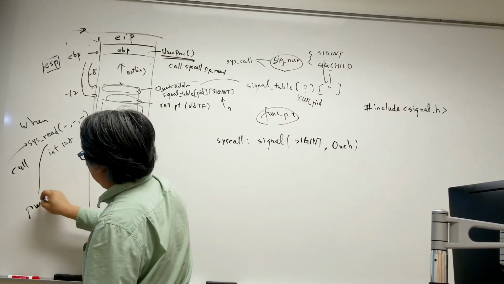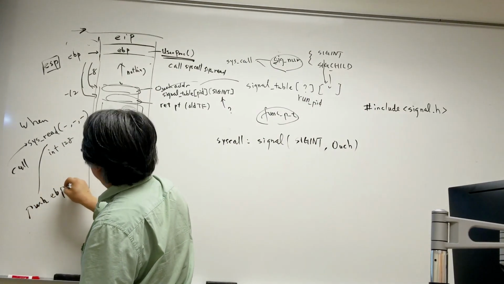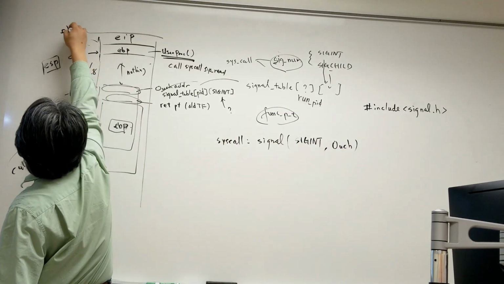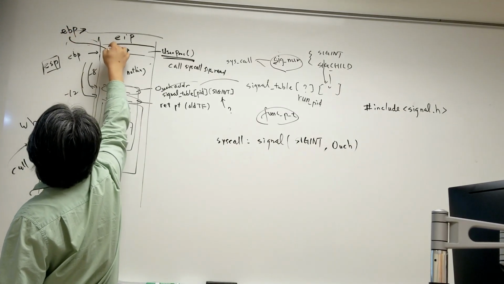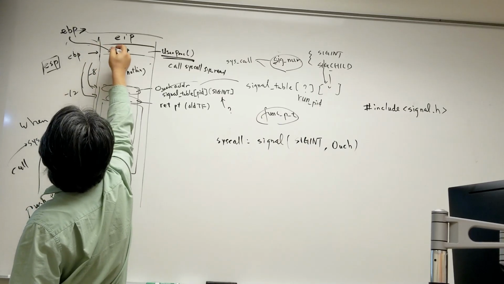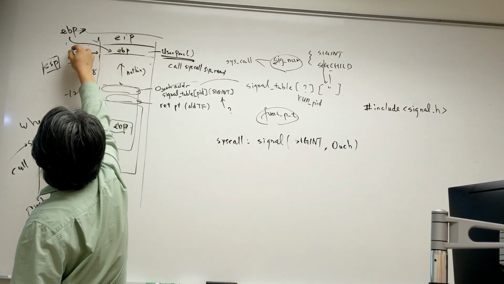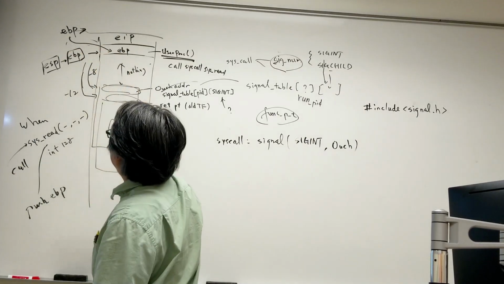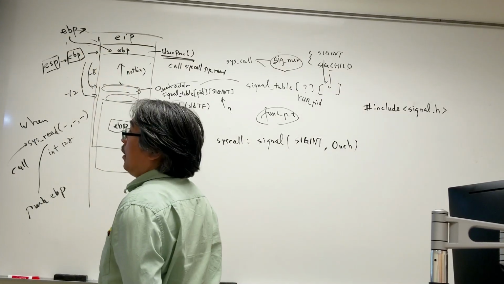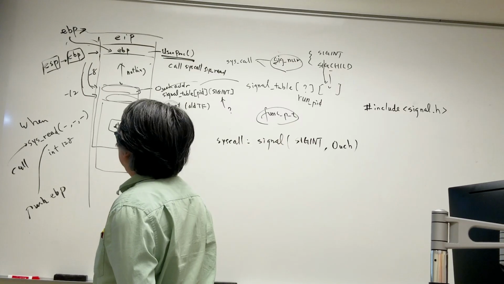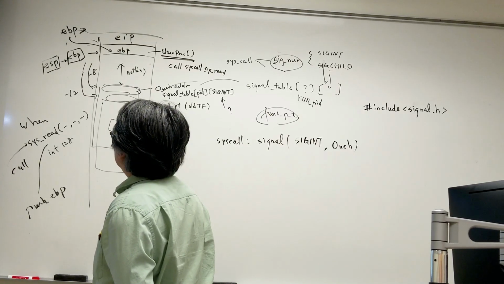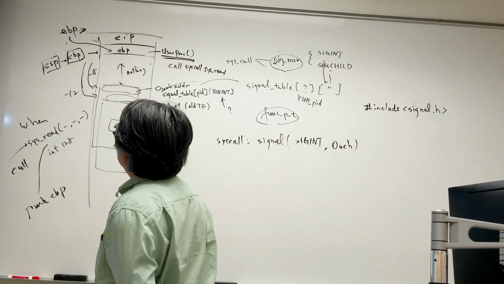It will push the EBP. That's the user proc runtime EBP pushed here, and then it changes the EBP to the stack pointer, and then they are both here. They are both here. The return value.